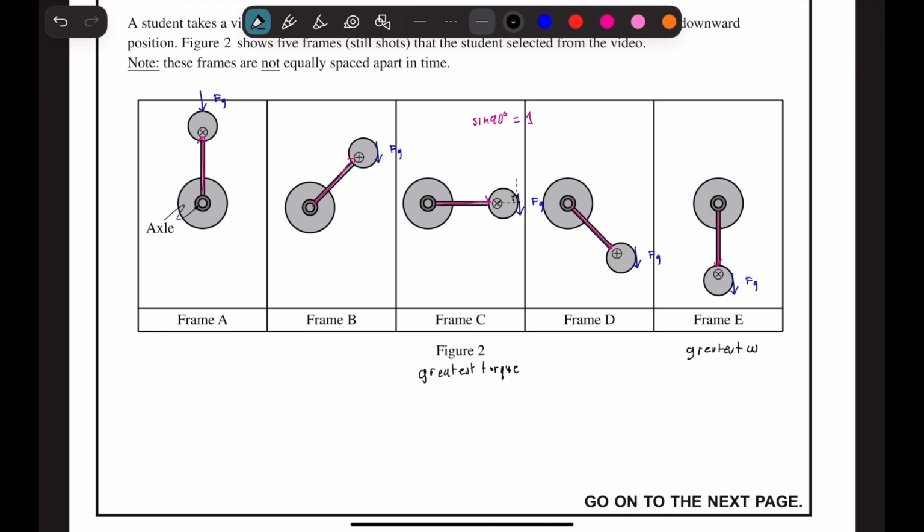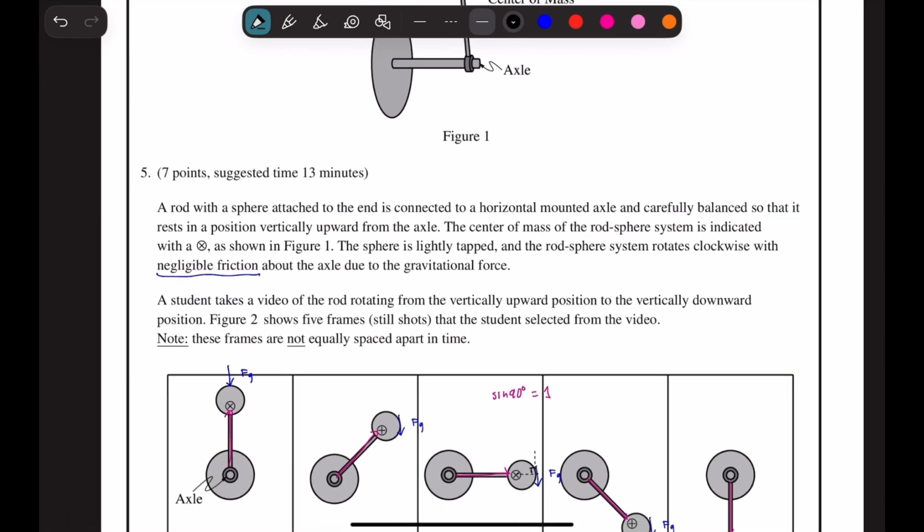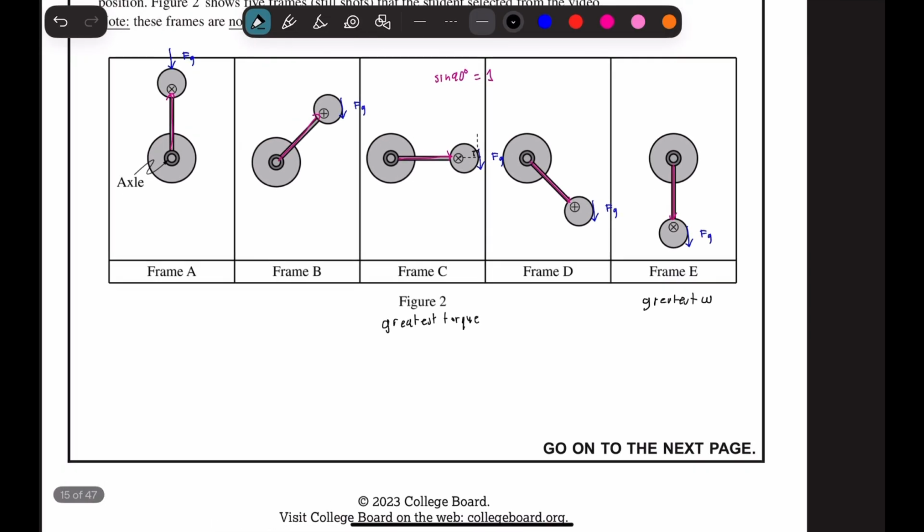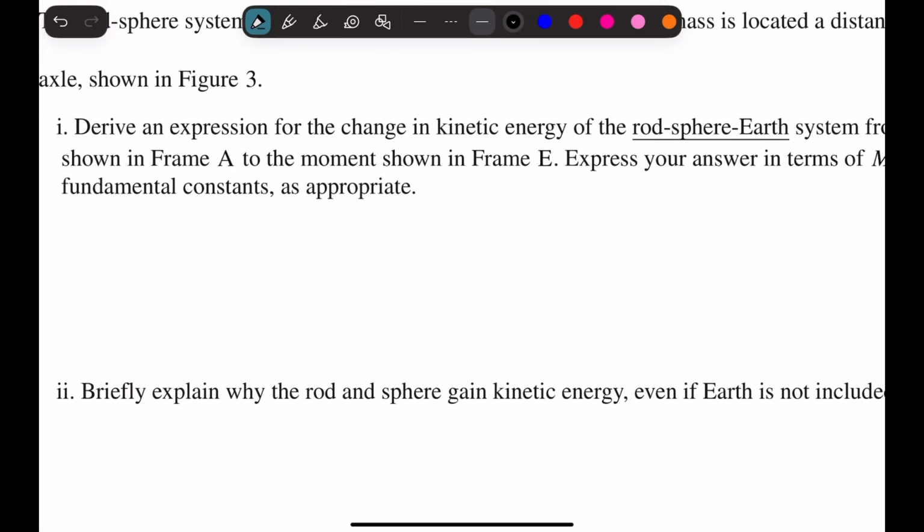We can start off with the conservation of energy, because there's no net external forces, right? So we can use conservation of energy. So we have E initial is equal to E final.